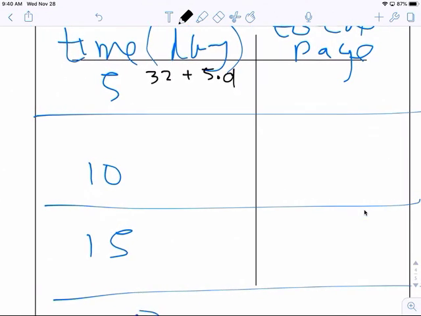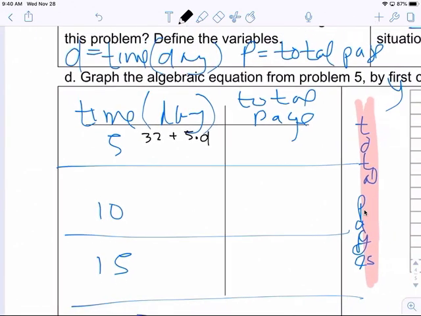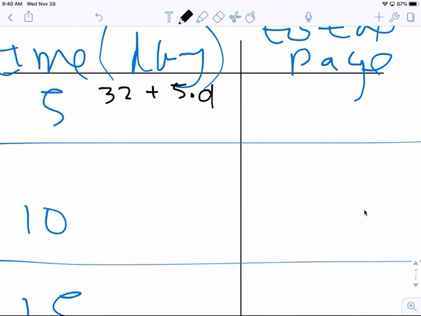Here the number of days is 5, so 5 times 5 is 25. So 32 plus 25 is 57 pages.